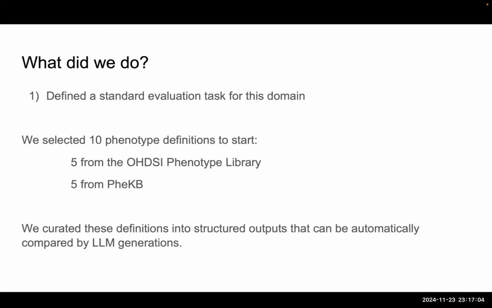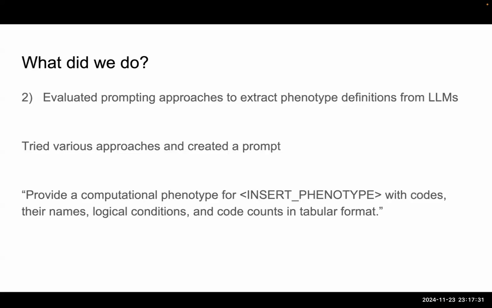In contrast, PKB offers flexibility without a mandated model, requiring more effort to adapt algorithms across different systems. So, to streamline this, we manually curated and developed automated code to extract and format elements from PKB phenotypes for automatic evaluation.